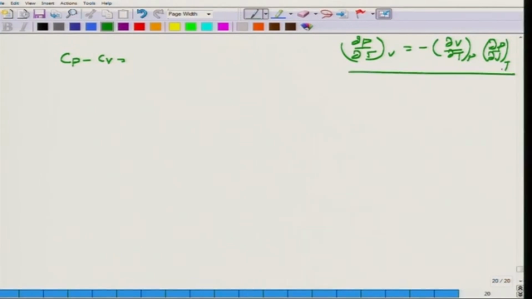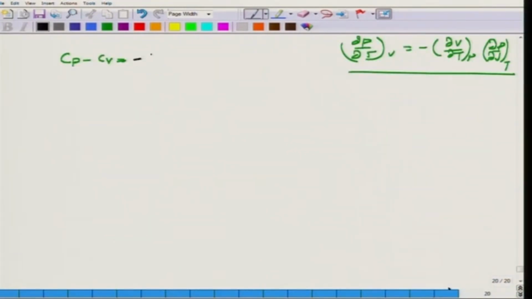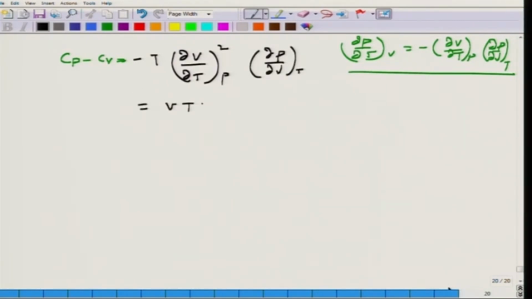So this is based on the cyclic relation, and using this expression I can plug back here, and what I can get is the following: minus T (∂V/∂T) squared at P and (∂P/∂V) at T. And we can show that this is nothing but V T beta square by alpha. Okay, so beta we have already defined.